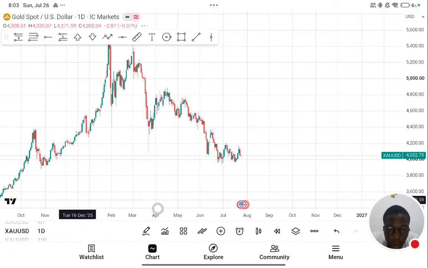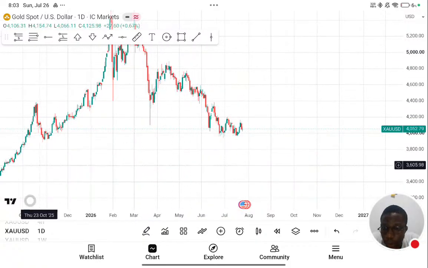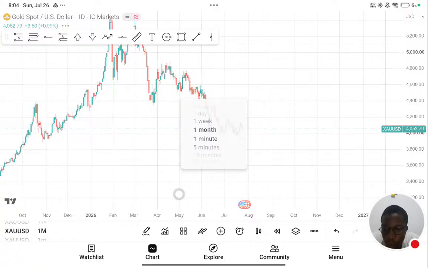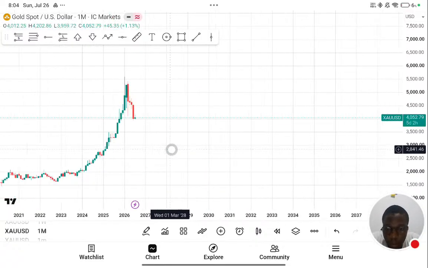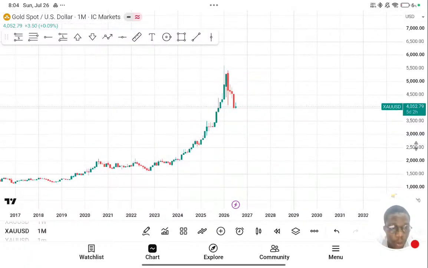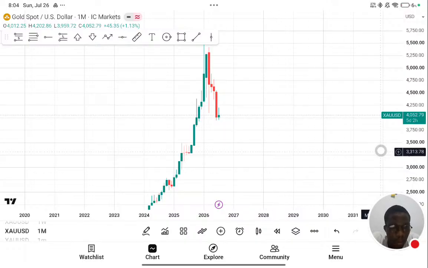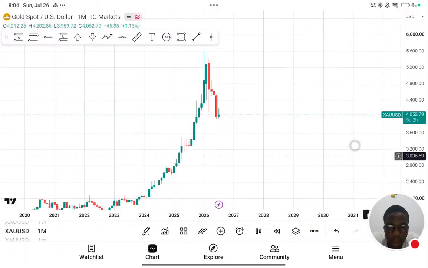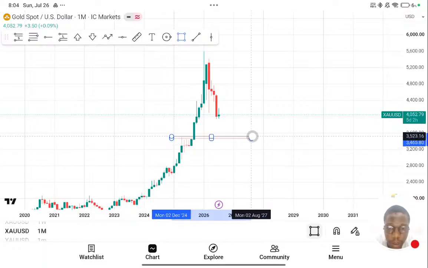Gold has just been ranging between its range for a while now. So let's look at the monthly perspective. Where is price? To be honest, price is still looking bearish. Look at the only strong support I'm seeing, the former all-time high.